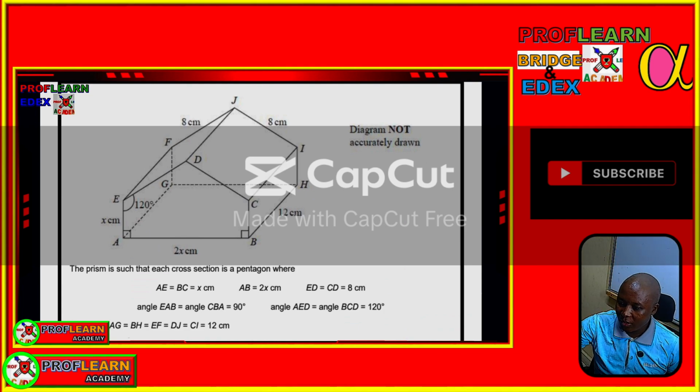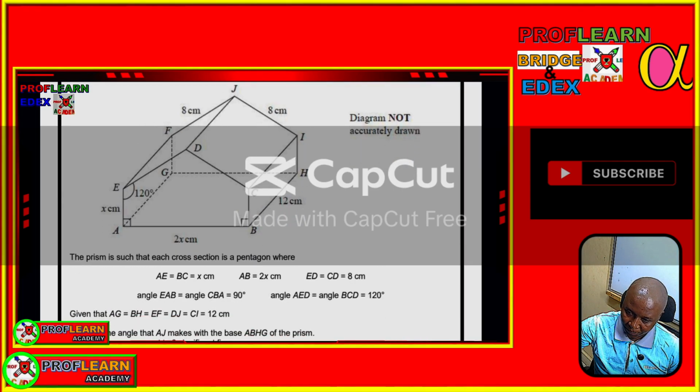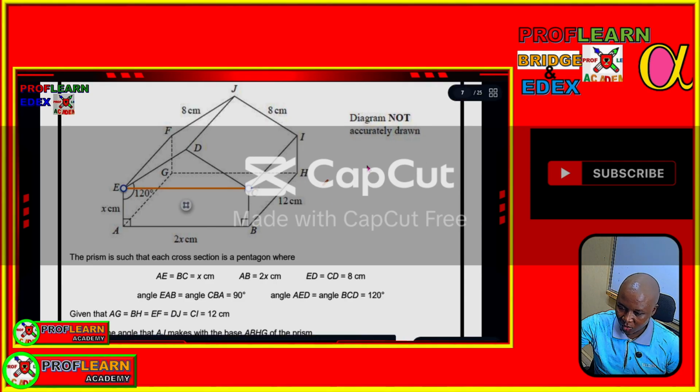In order to work out this question, we need to find the height. So we shall start by drawing the straight line joining E and C.